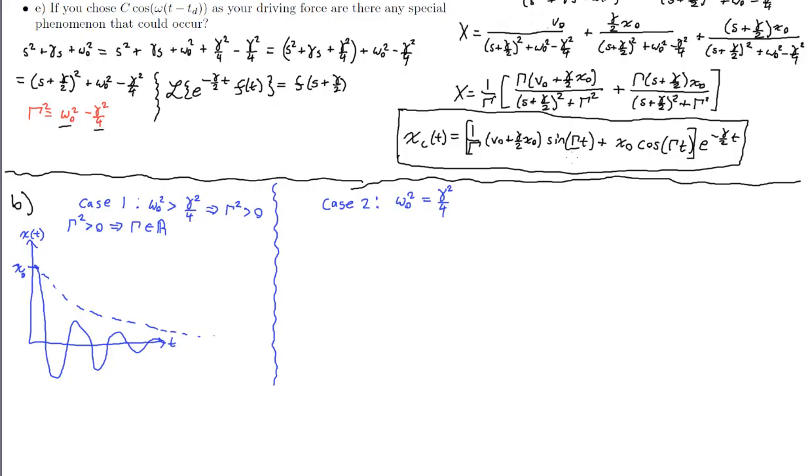If our frequency is 0, there's not going to be any oscillation, because this sine term will be 0, this cosine term will be 1. So our complementary solution becomes the following: x naught e to the minus gamma over 2.